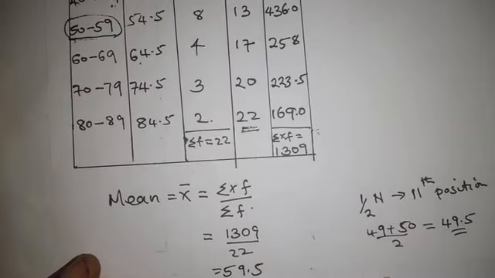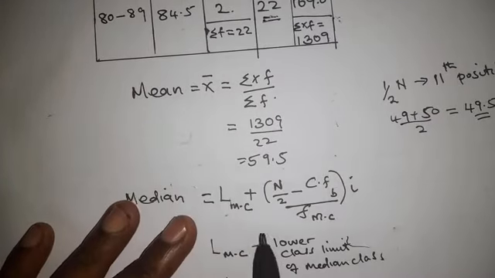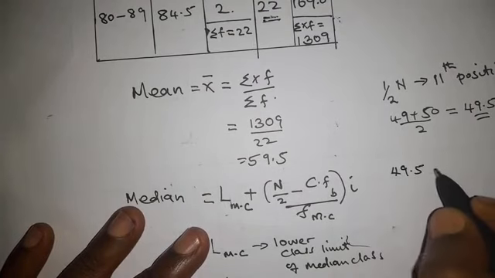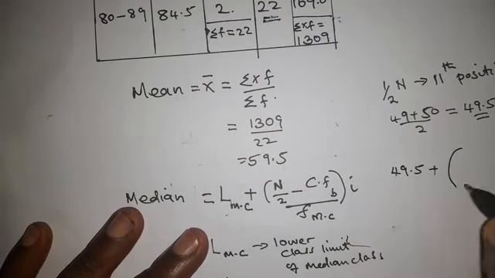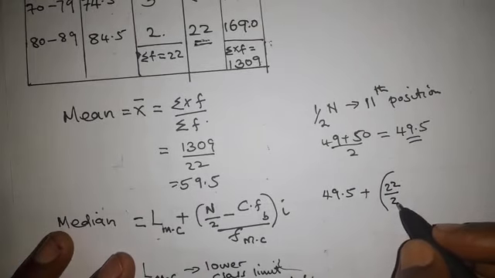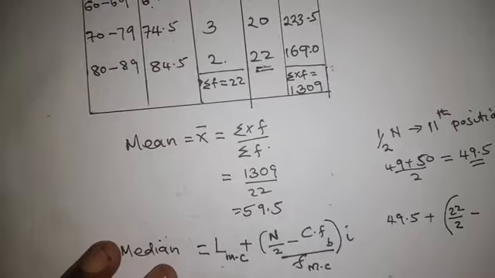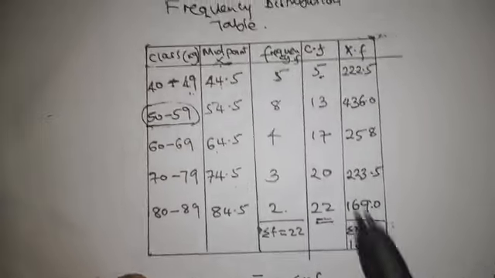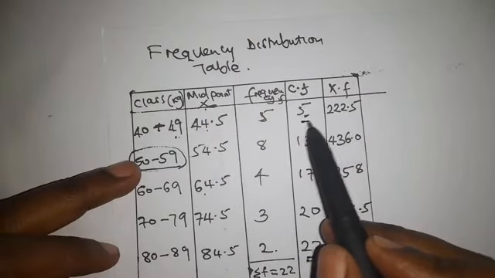So 49.5 becomes our lower class limit for the median class. And that is what we are going to bring here in our formula as 49.5 plus brackets 22 all over 2 minus the class cumulative frequency for the previous class, which is 5.